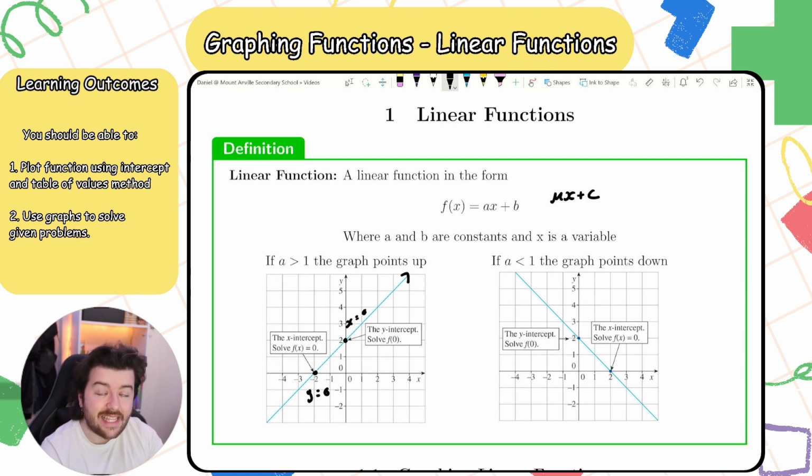So we say that this is a positive function because my leading coefficient, i.e. the coefficient of my highest power of x, is positive, so it points upwards. And if it's negative, I should say less than 0, then it points downwards, right?